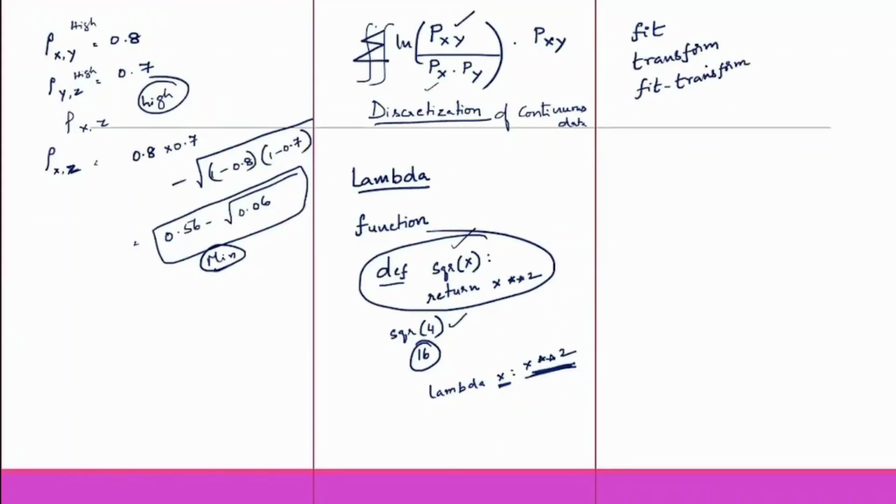When you are fitting something, it's a generalization that is happening. It's not applied to the data. But when you are doing a fit transform, there is a generalization that is happening because of the fitting, and that fitting is applied to the given data also. And the data is also transformed.